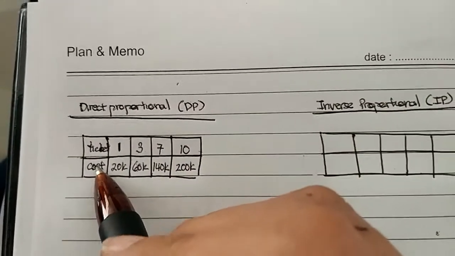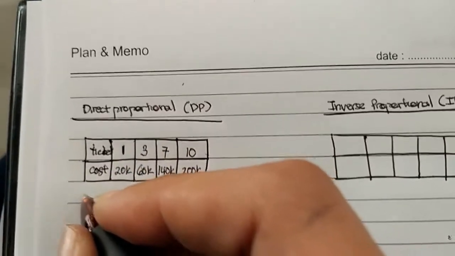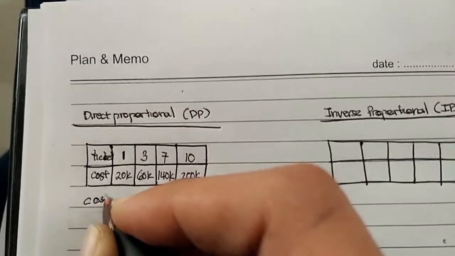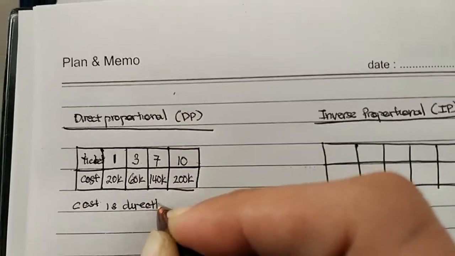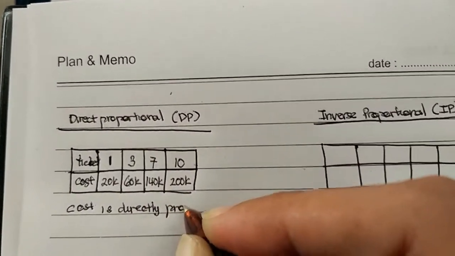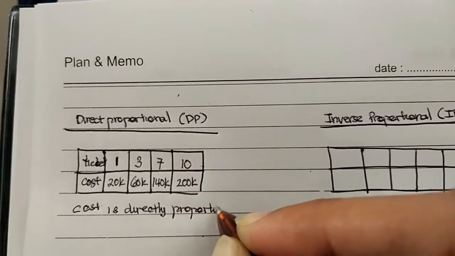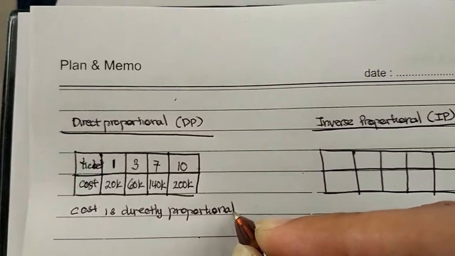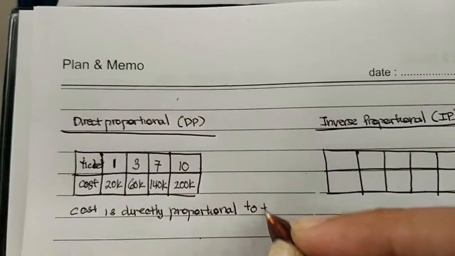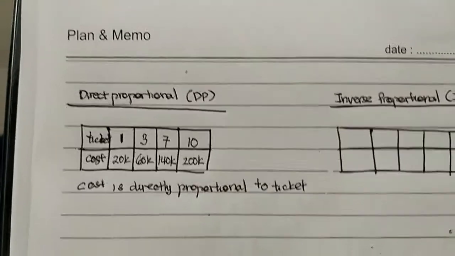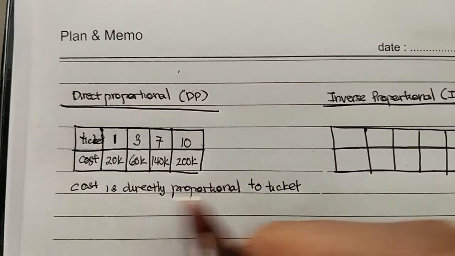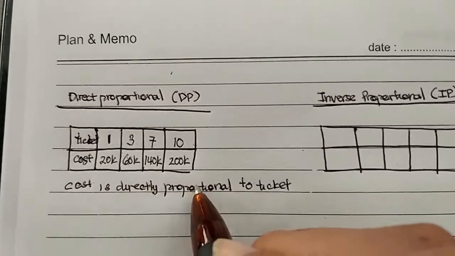I will write it here: the cost is directly proportional to ticket.